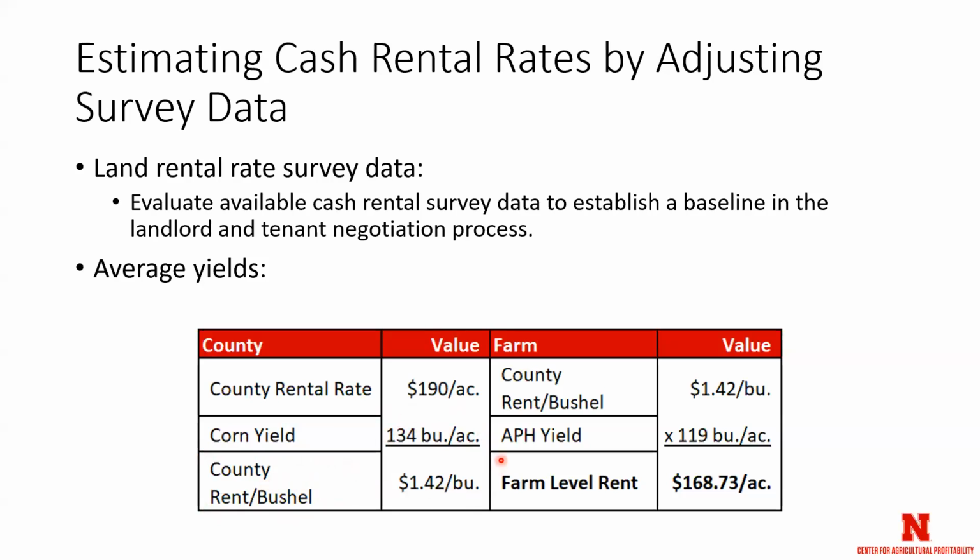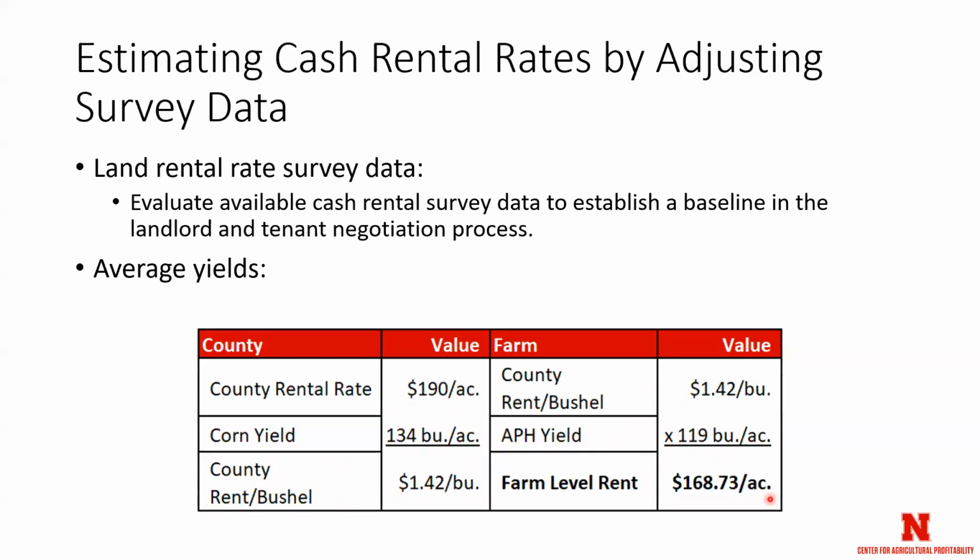From the county rent per bushel, we take $1.42 per bushel and we slide it to the upper right-hand corner here. And we also know on this particular property, our average production yield, our APH yield, was 119 bushel per acre. If that was the case, we take what we know from the prior information on the left-hand side, $1.42 per bushel, times the APH yield.